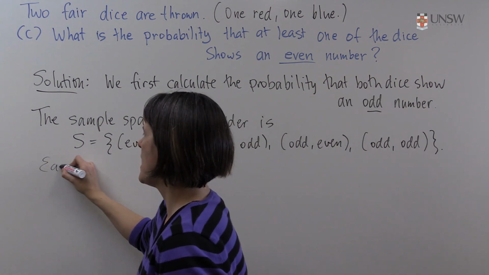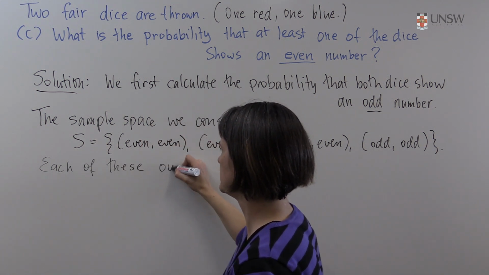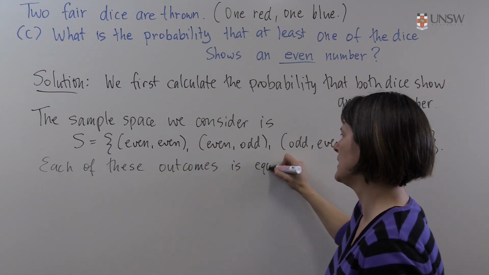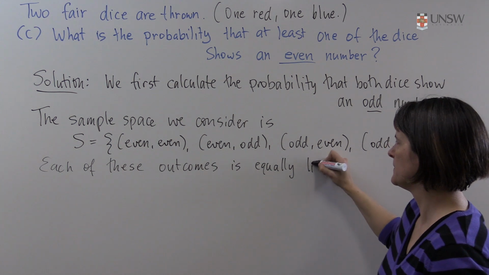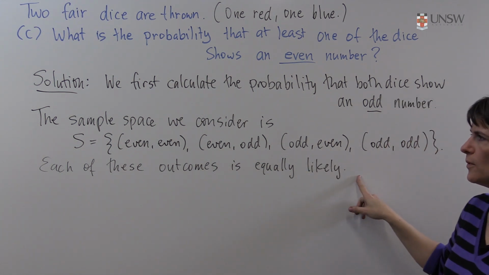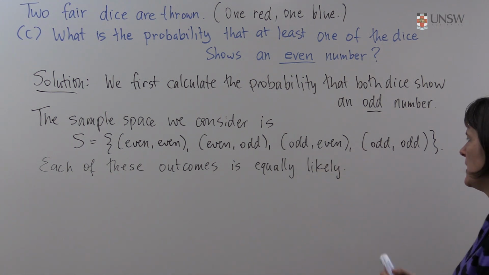So that means since there's 4 outcomes, each one has probability 1/4.